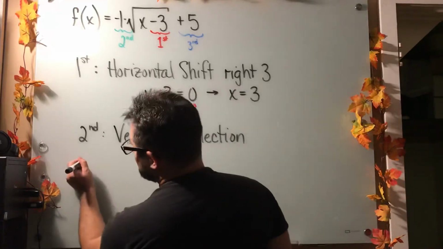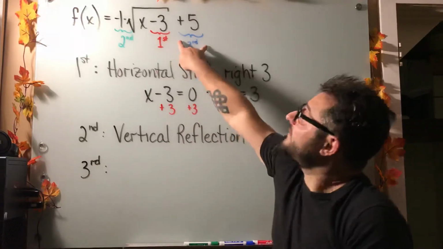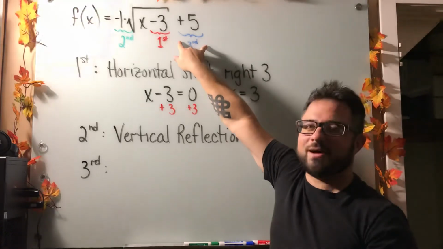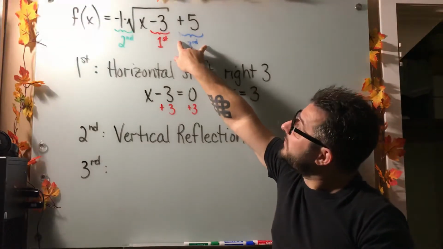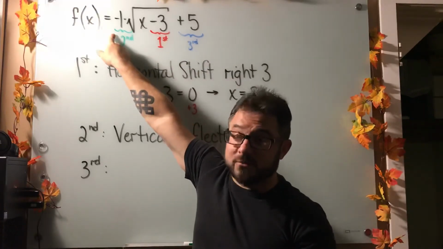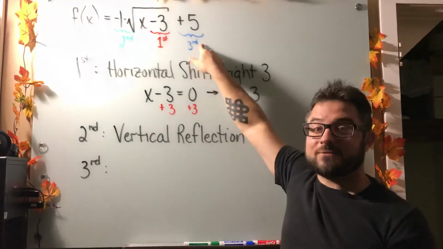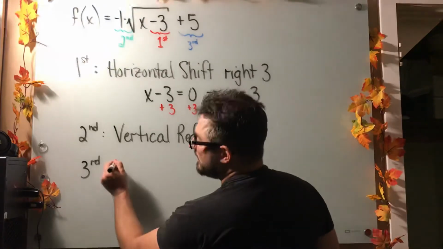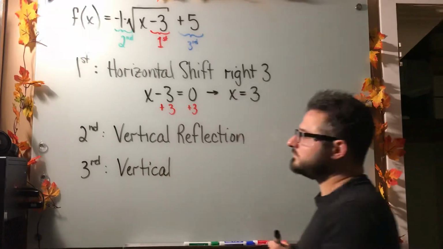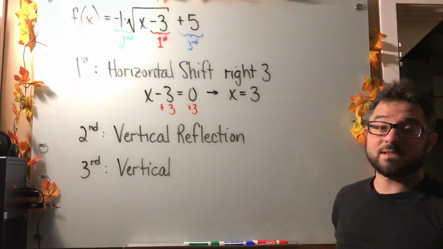Well, that leaves us with one last operation, the plus 5. Well, again, by the time you get to the end of stuff, things tend to be a bit more obvious to work with. Like, well, first of all, we already know that this happened after the square root. And if this happens after the multiplication by -1, then it also happens after the square root. That makes it a vertical transformation. Now, beyond that, the type is addition.